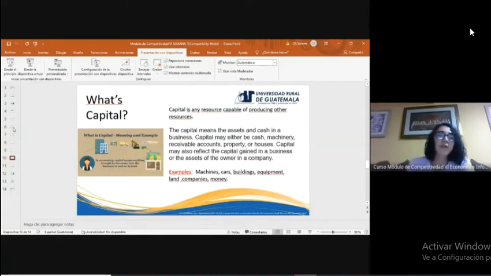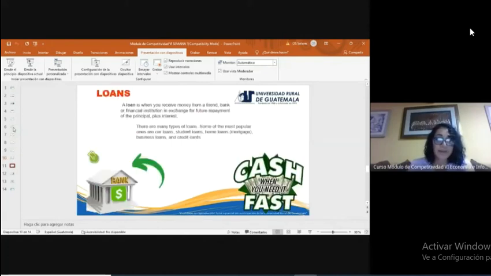So remember that capital is any resource that we have, as I said before. In accounting, it probably has a different meaning, but capital means anything brought by the owner into the business in cash or in kind. Okay, in here we have everything about loans. If you don't have the money to start a business, you can do it with loans.